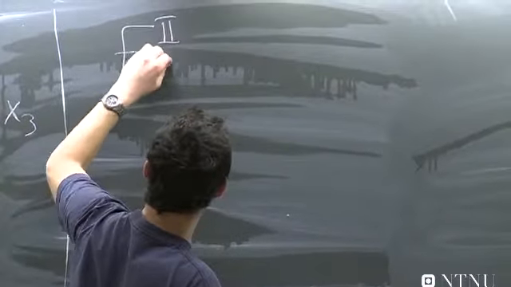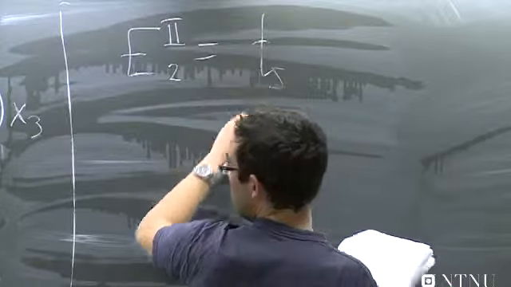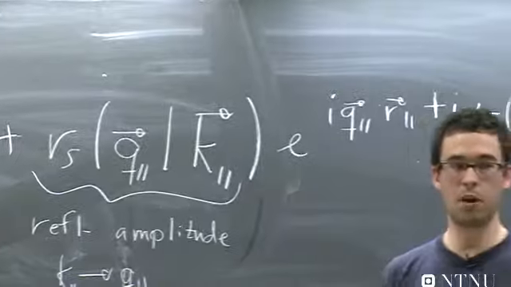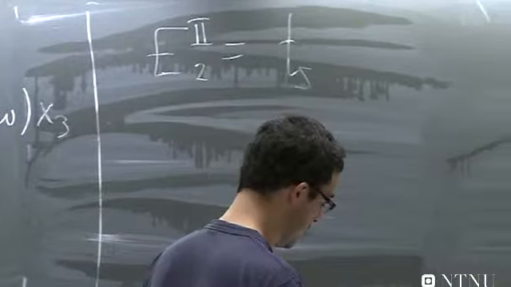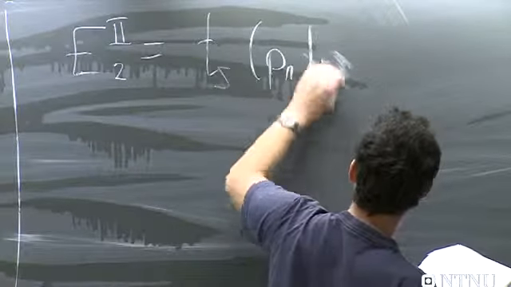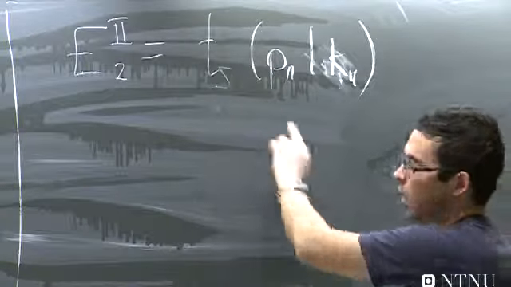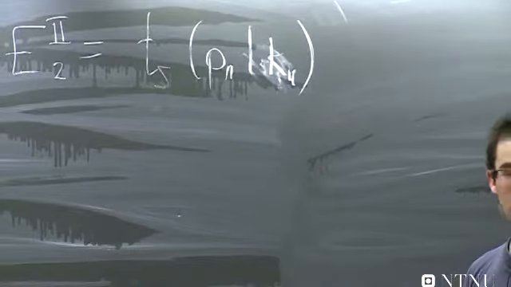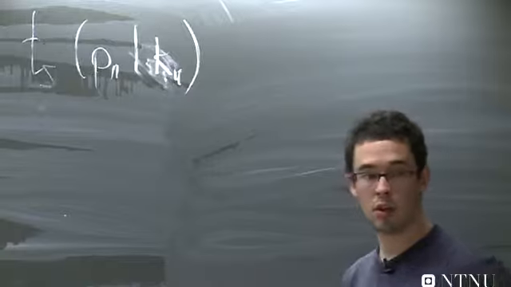E2,2 is... By the way, the S is Senkrecht polarization, because there's going to be a different one for the parallel polarization, right? Ds of p parallel, k parallel. This is not a scattering, but the transmission amplitude from k parallel into p parallel. So I send in a wave in some direction, some wave number, and there's one coming out in a different direction.